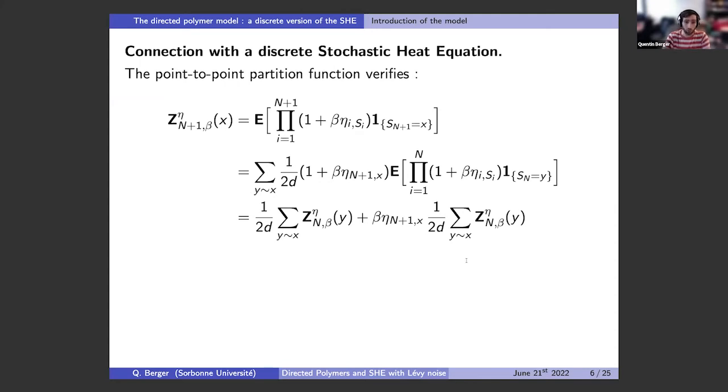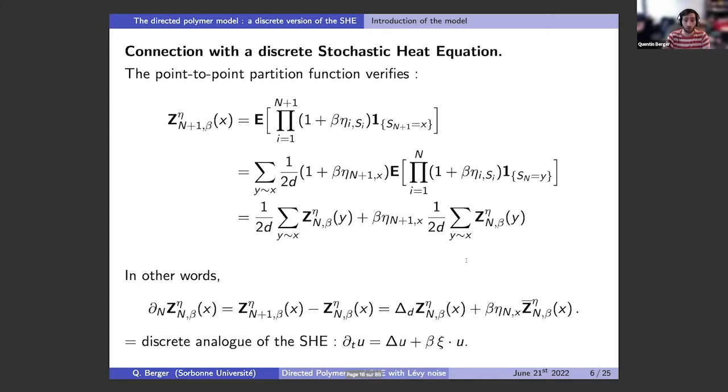You can think about this as a discrete analog of the stochastic heat equation. If you look at zn+1 minus zn, you can think about that as the discrete time derivative.